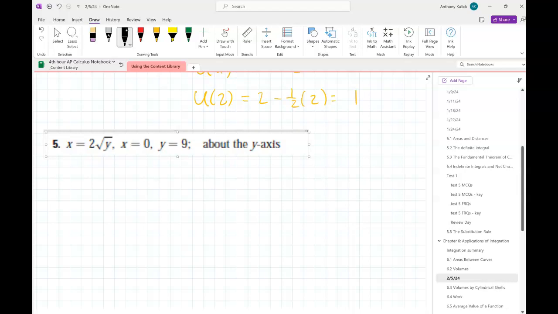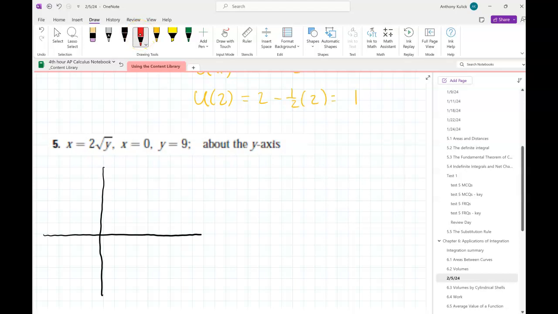Okay, great. So Christian says start by graphing it. What are the bounds? Well, x equals 0, which is the y-axis, and y equals 9. I didn't give myself enough space, huh? I'm just going to do this.